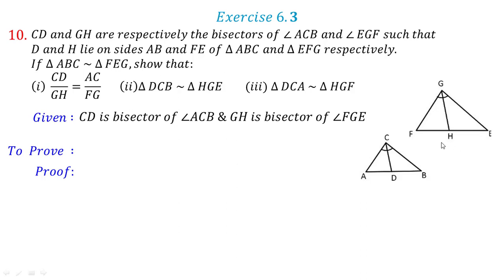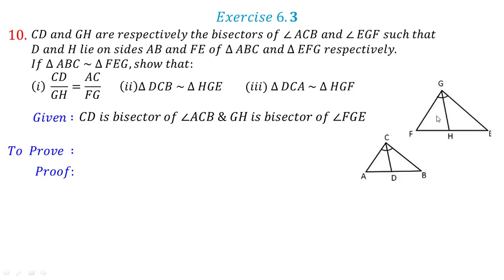If triangle ABC is similar to triangle FEG, you have to show that CD upon GH is equal to AC upon FG. This will be the last problem for this lecture.